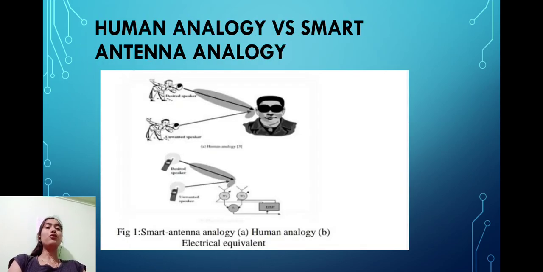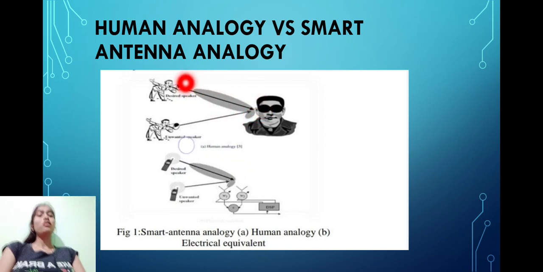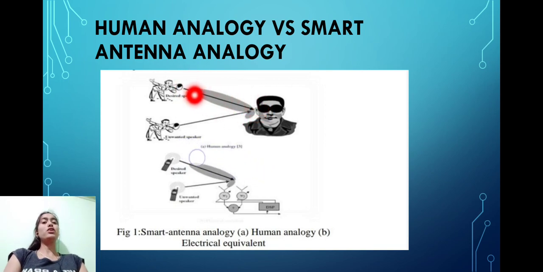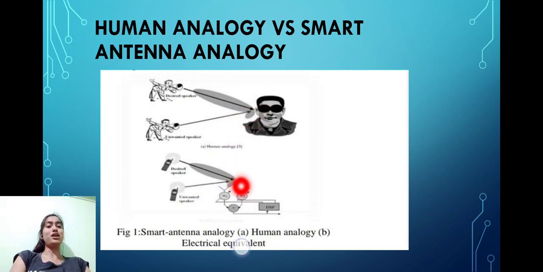Next comes the human analogy versus the smart antenna analogy. Both are quite similar. In the human analogy, there is one desired user who will send the signal to the human. The human will pay attention to the desired user only and place nulls in the direction of the undesired user. The same is the case with the smart antenna.